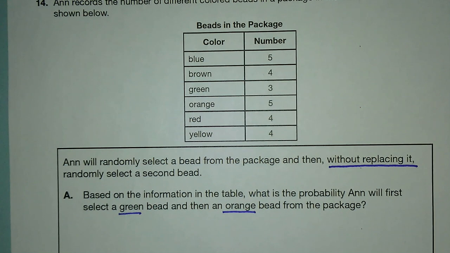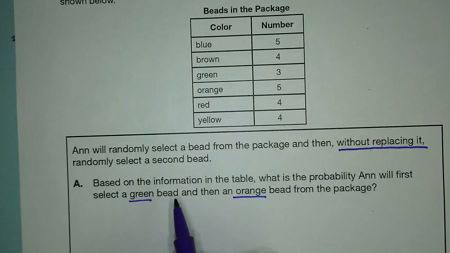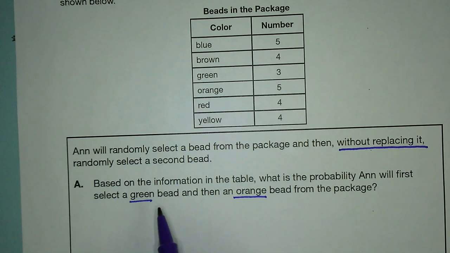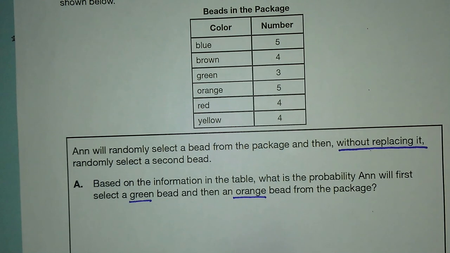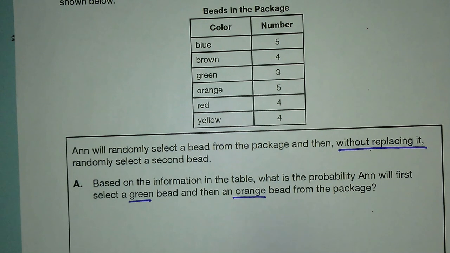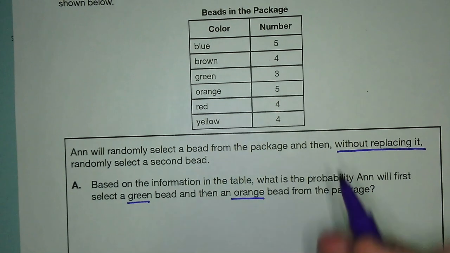Multiply the two separate probabilities together. So first we write down the probability of selecting a green bead on the first selection. Now remember, probability is the number of favorable outcomes divided by the total number of outcomes.